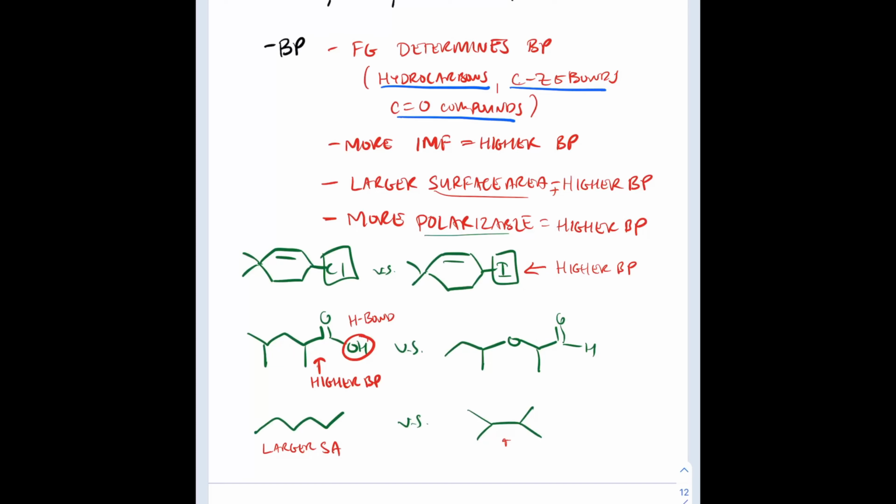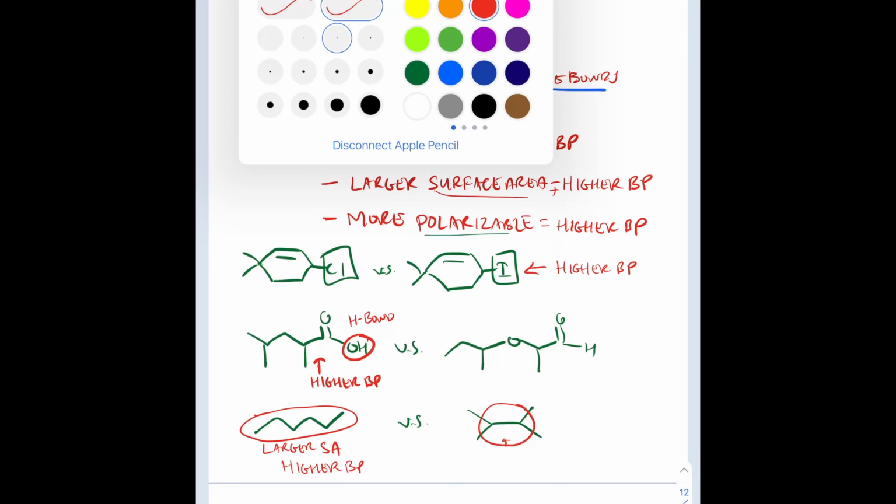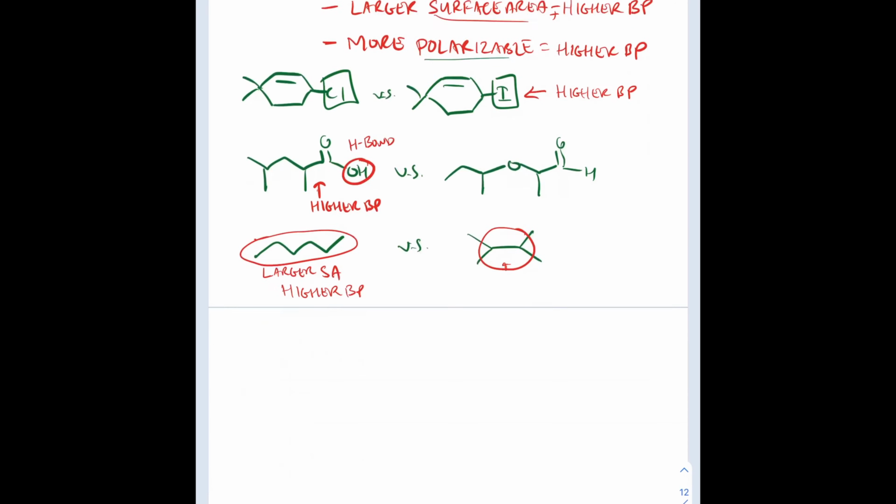This one is more symmetrical. Okay, so this one is going to have the higher boiling point. You can think of it like here's a sphere of electrons and then here's a sphere of electrons, and that larger surface area is allowing it to interact much better.